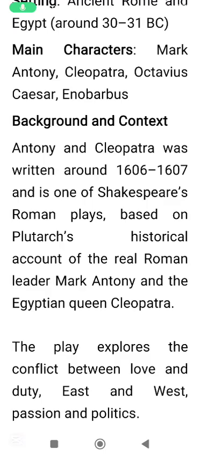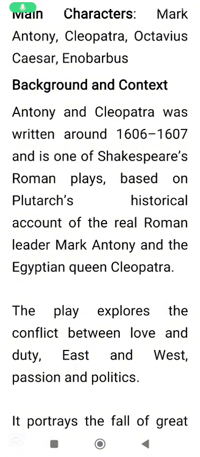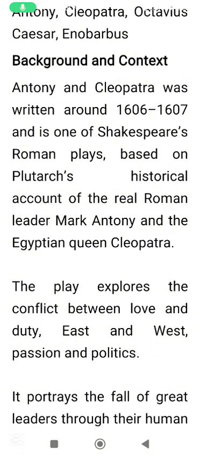We have the Victorian era, we have the Elizabethan era, we have the Roman era. So one of the eras when we have the Italians ruling the world is what we call the Roman era or the Roman Empire. So this play was written during that particular period, based on Plutarch's historical account of the real Roman leader Mark Antony and the Egyptian queen Cleopatra.